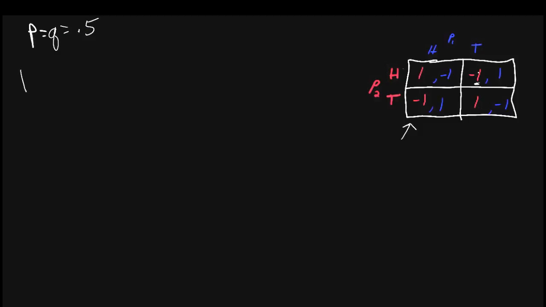Okay, so let's look at player 2's expected utility when player 1 randomizes with probability 0.5 and player 2 plays heads. Well, in this case, 50% of the time, player 1 will play heads, and because player 2's strategy is fixed at heads, they'll match, so player 2 will earn 1.